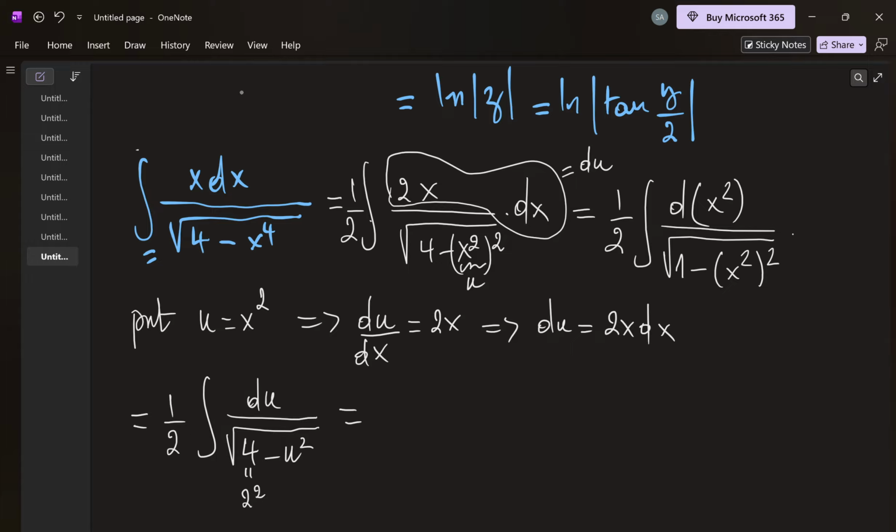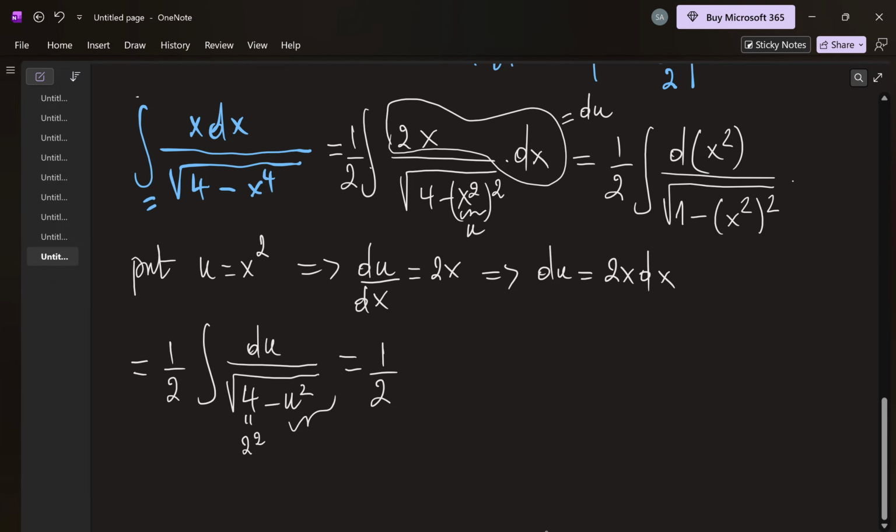So what is the antiderivative of this one? This is a known form that you know its integral. What is the integral of this part? Anyone knows the integral of du over the square root of 2 to the power 2 minus u squared?